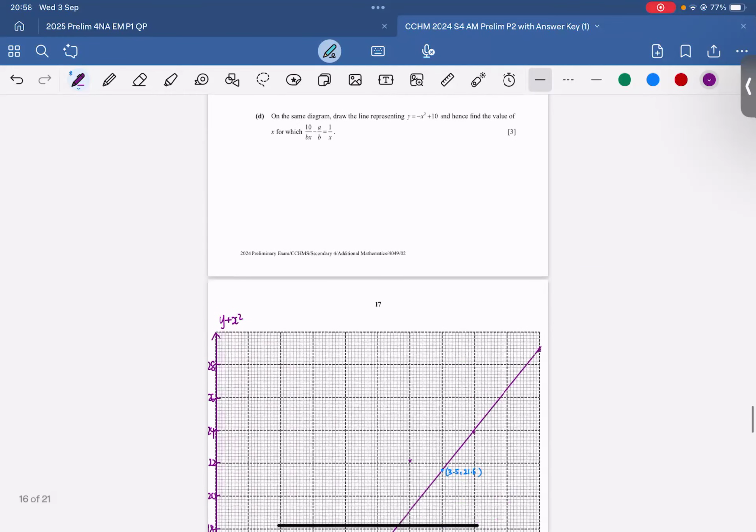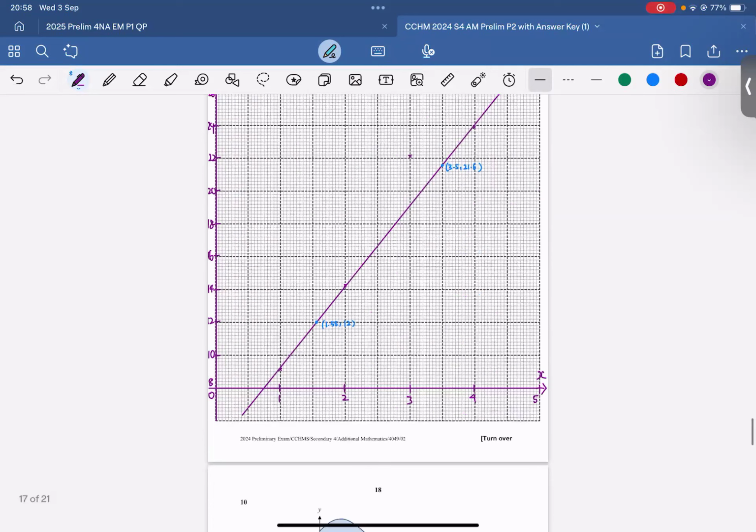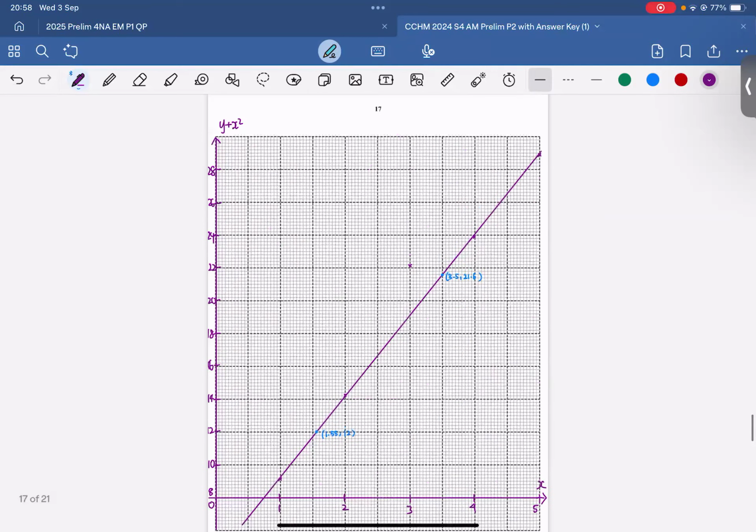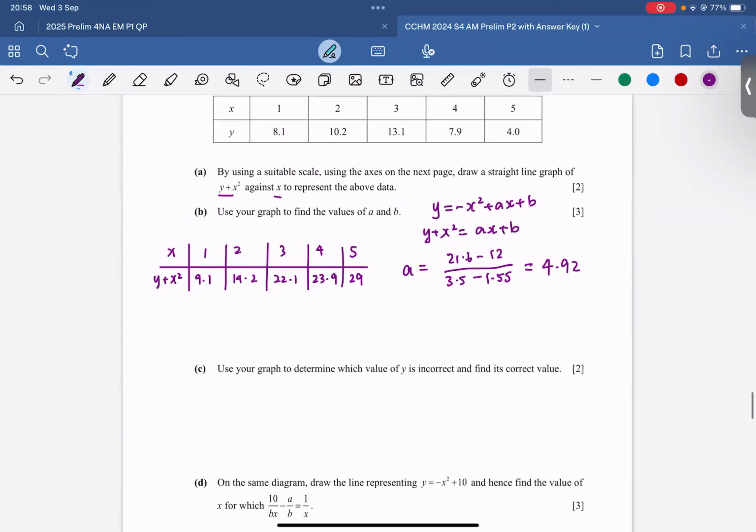Since we cannot read the y-intercept from the graph, then we just sub in the points. So I sub in these 2 points. Okay, so my y is 21.6, my a is 4.923, then my x is 3.5, plus b.